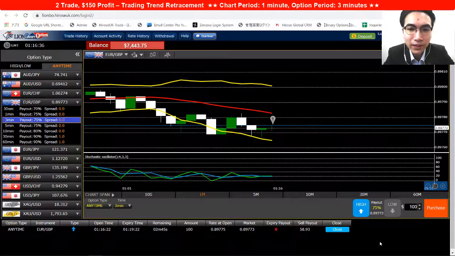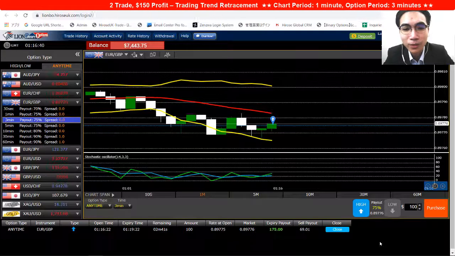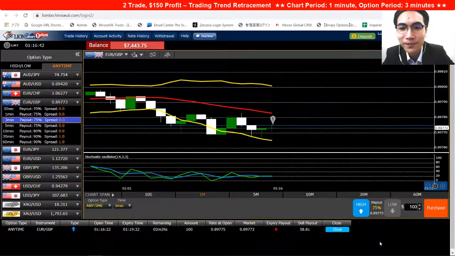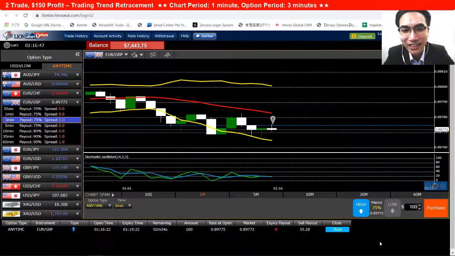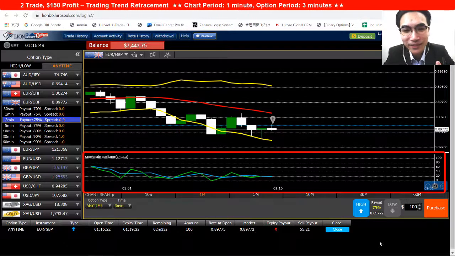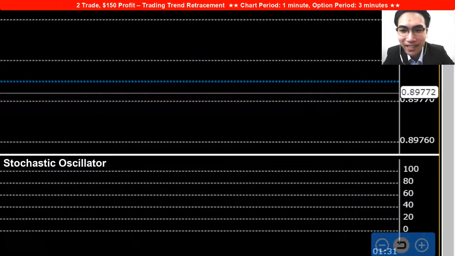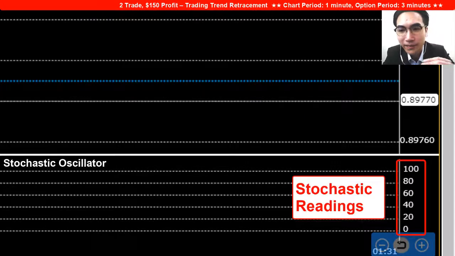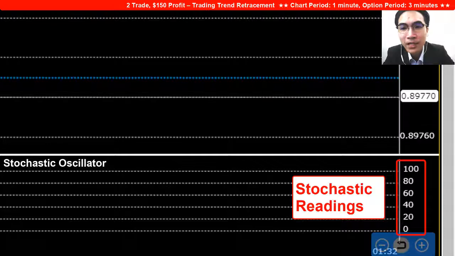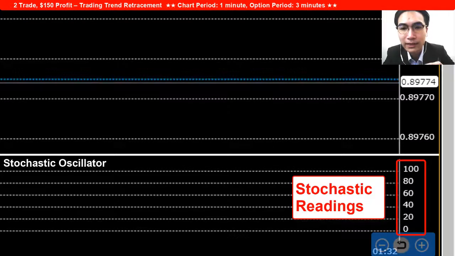The overbought and oversold level is decided by numbers, and some of you might come to me and ask, where do I see the numbers? It's actually at the right hand side of the indicator. If you look at the technical indicator, the stochastic, on the right hand side there's a series of numbers from 0 to 100. These numbers decide the overbought and oversold level.